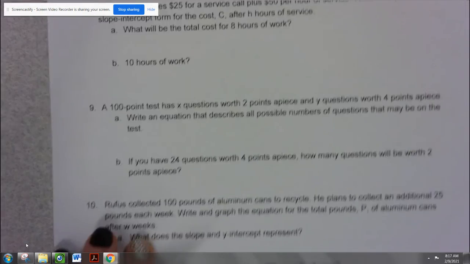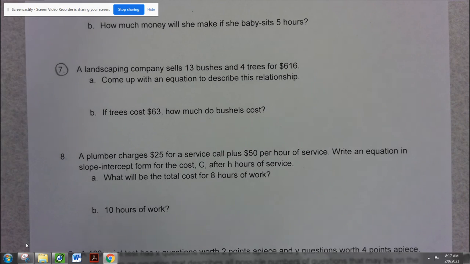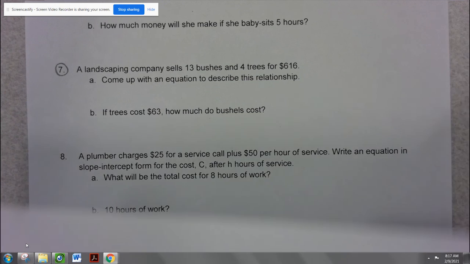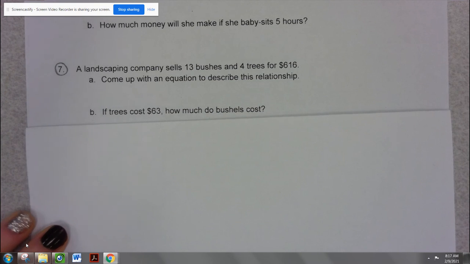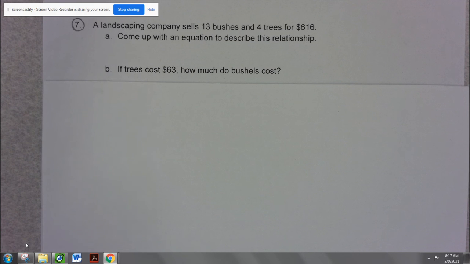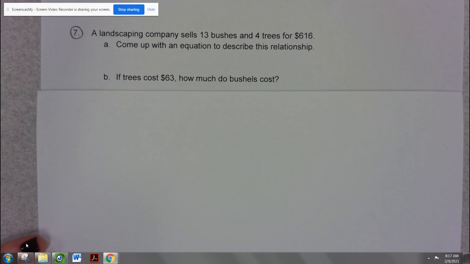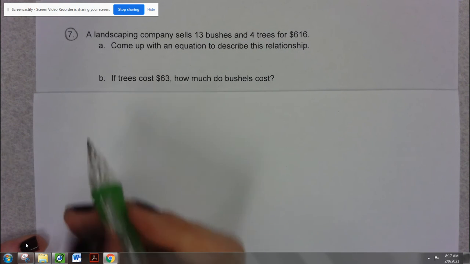All right, and the last question, where is it? There it is. The last question we're going to do here is number 7. So on number 7, we have a landscaping company that's selling 13 bushes and 4 trees for $616. So what I don't know is how much 1 bush and 1 tree cost.